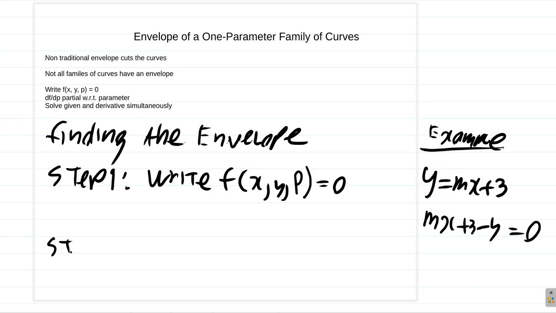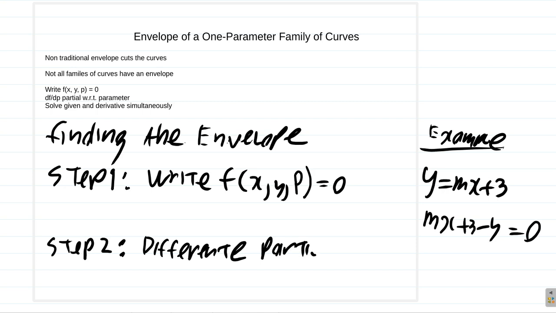What about step 2? In this case, you differentiate partially with respect to the parameter.